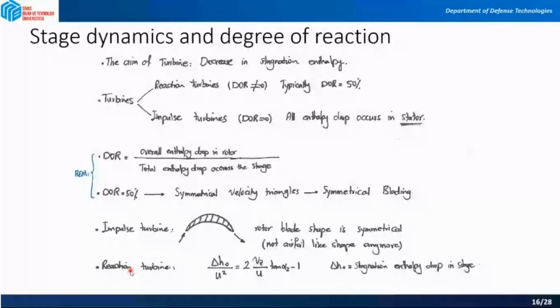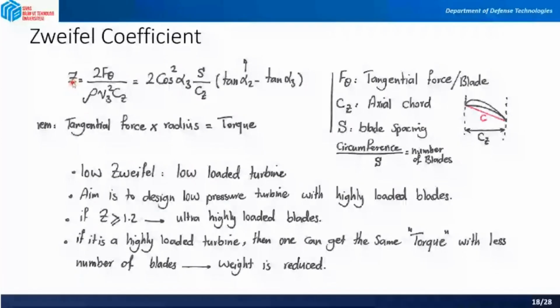In here, you can see the formulation of the Zweifel coefficient, and this says that Zweifel is equal to 2 times F theta, which is your tangential force per blade, divided by your density times your exit velocity squared times your axial chord.